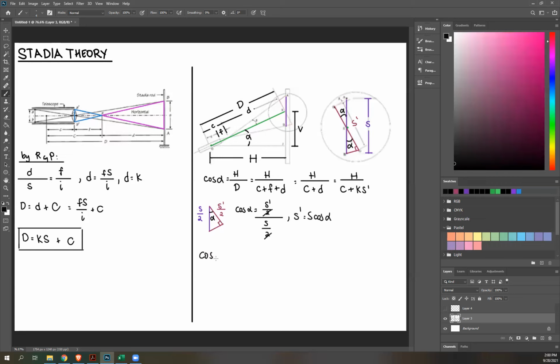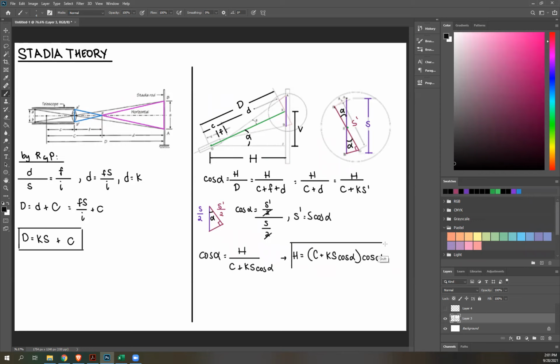Cosine alpha equals H over C plus KS prime. So that's K times S prime, which is S cosine alpha. So to get an equation for H, H equals Stadia constant C plus Stadia interval factor K times Stadia reading S cosine alpha, times cosine alpha.